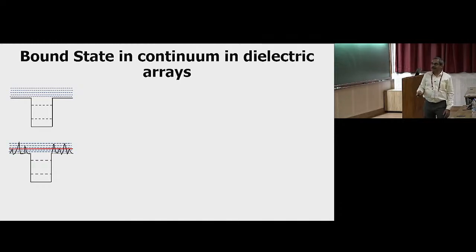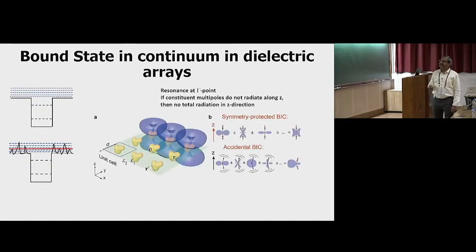This was proposed by Wigner way back in the 1940s, but in the 1980s, with the development in semiconductor growth, MBE grown samples have been used to demonstrate this bound state in continuum. Again, over the last few years, this has become very interesting for the nanophotonics community, because if you have a scattering particle, for example, a symmetric particle, when you're coming at normal incidence, or the gamma point excitation, then you can have your dipole and higher order multipoles.